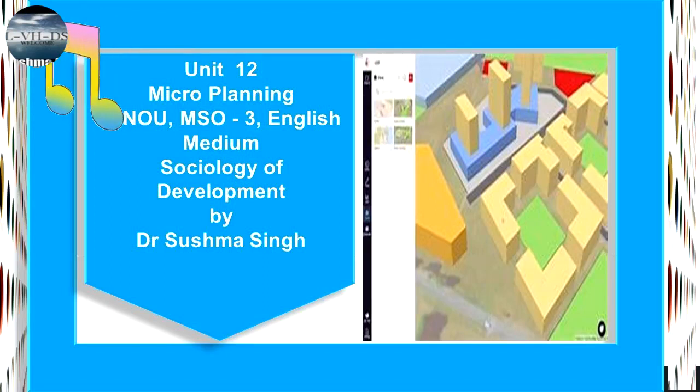As we are aware, education is in the concurrent list. Both the central and the state government can make laws on education. Both the central and state governments have been expanding the provision of primary, formal and non-formal education to realize the goal of universalization of elementary education, UEE, since independence.